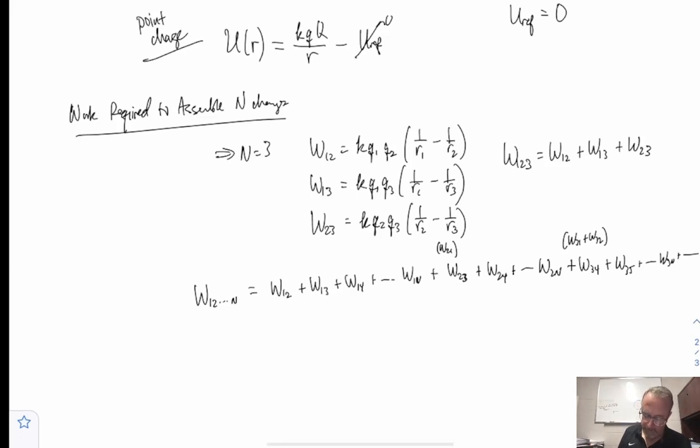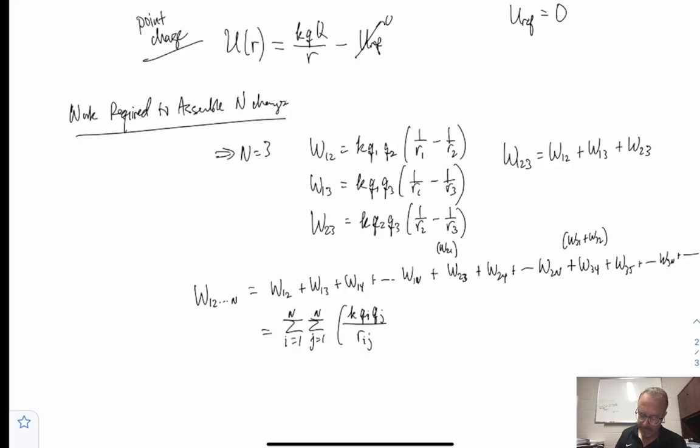So they give you a general formula for that, which is the double sum, from i equals 1 to n and j equals 1 to n of k qi qj over rij.